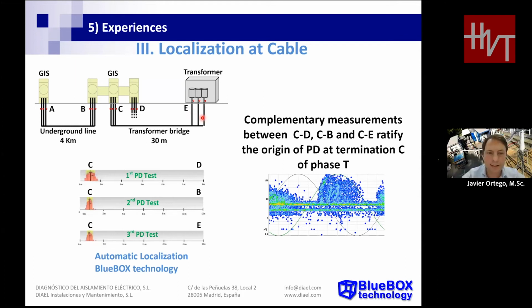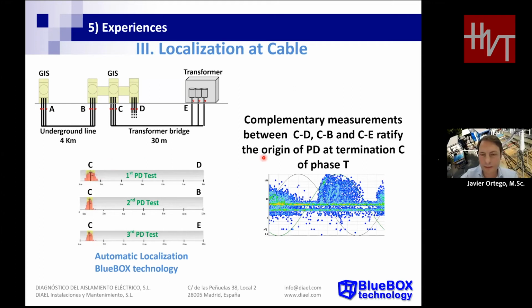And finally, doing the localization between sensors, high frequency current transformer sensors in the substation, all the measurements concluded that the PD was coming from position C, inside the cable entrance, the cable termination inside the GIS.